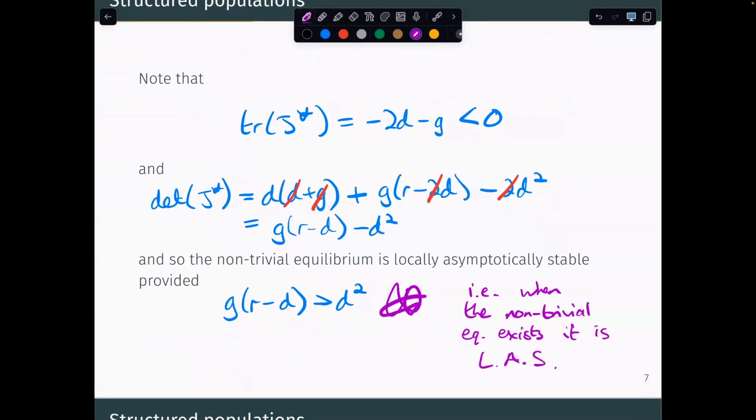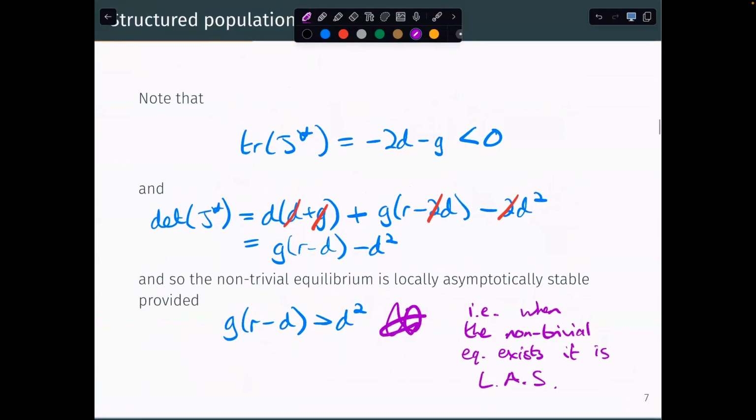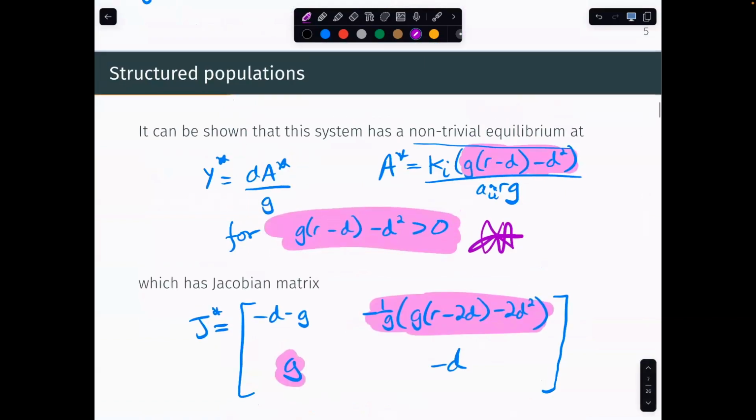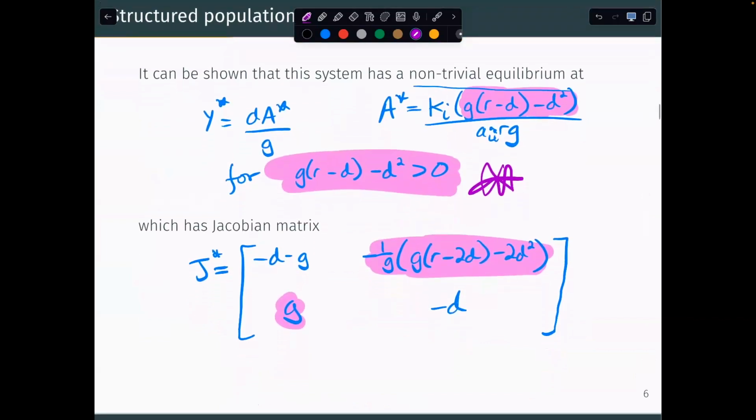So that tells me that before I introduce a rare mutant, my population is going to tend towards this equilibrium here. Any questions so far?